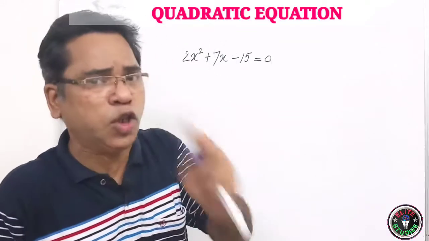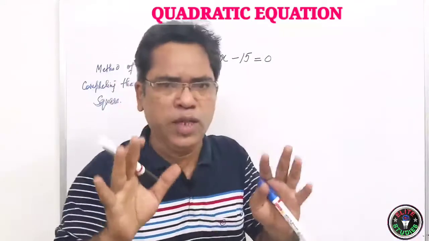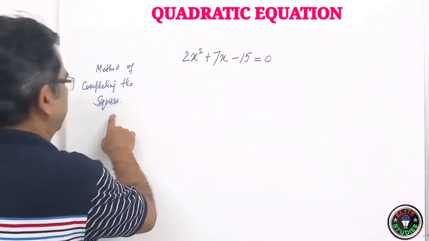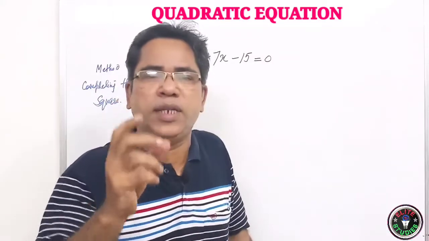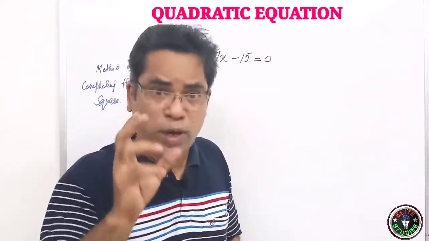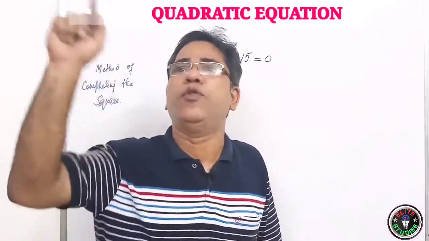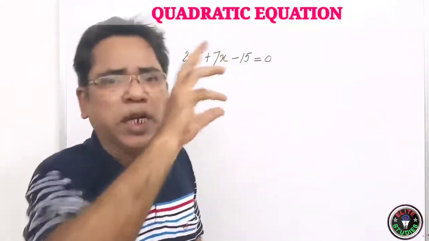But the sure shot method, whatever be the type of quadratic equation given to you, is this. Suppose a quadratic equation's roots come out to be root 3, and suppose root 5 by 2. In such cases, it is very difficult to use the factorization method.